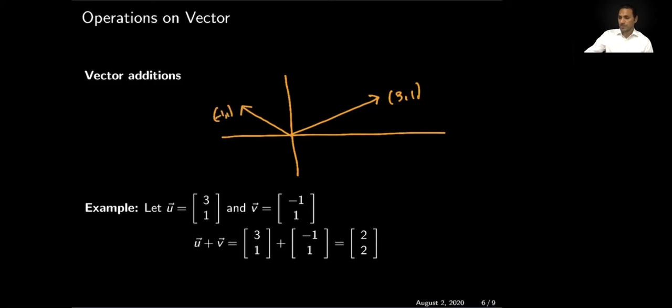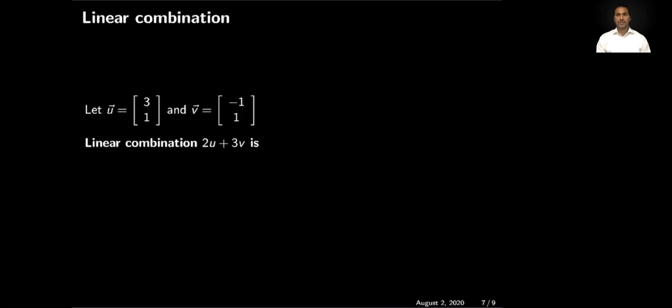Then according to the parallelogram law, this vector will be the diagonal of this parallelogram, which is simply this vector, which is 2 comma 2, as we calculated when the vector is written in a Cartesian system. So as you can see, if the vector is written in a Cartesian system, it's easier to add and subtract vectors.